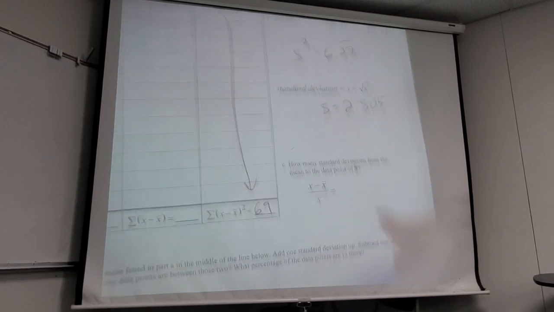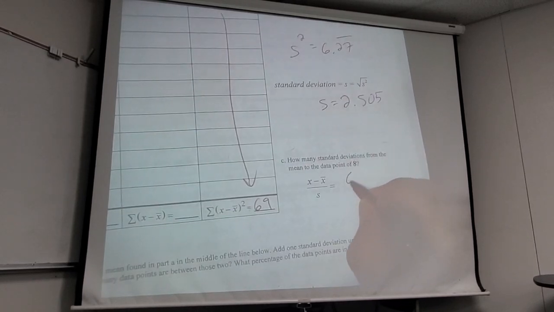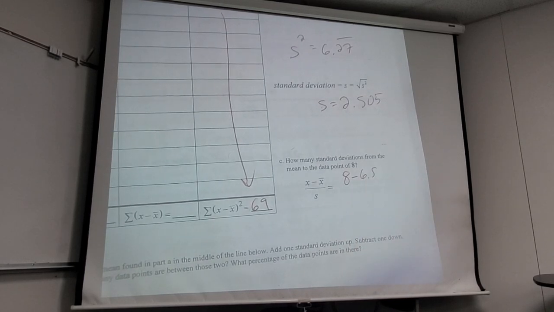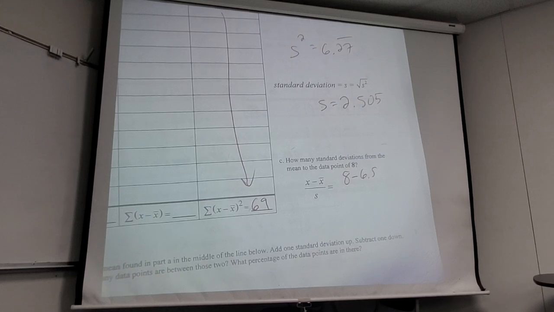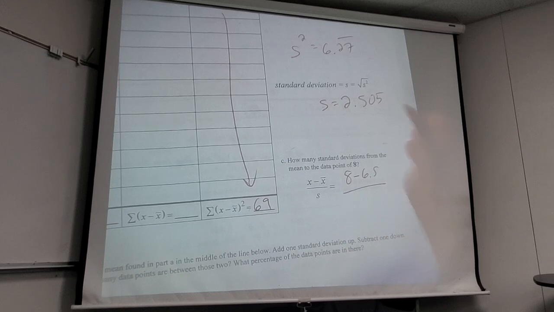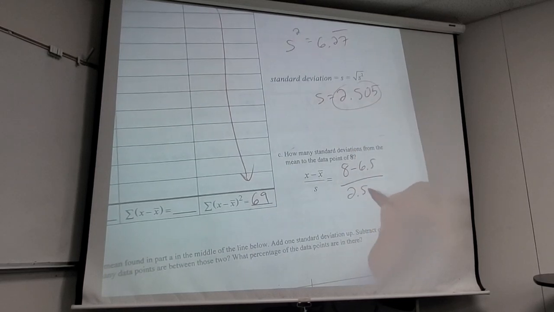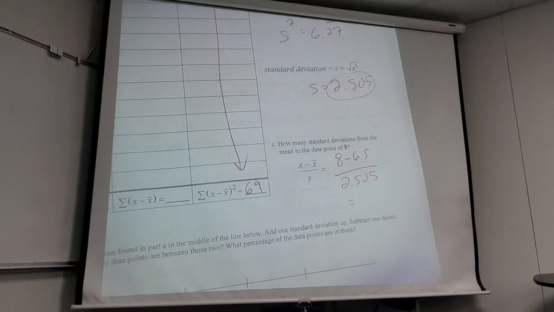So I'll say, okay, they scored 8. If I subtract 6.5, that's how far above the average they were. But I want to know relative to how spread out the data points were, so divided by the standard deviation. This gives me an idea of how relatively good they did.